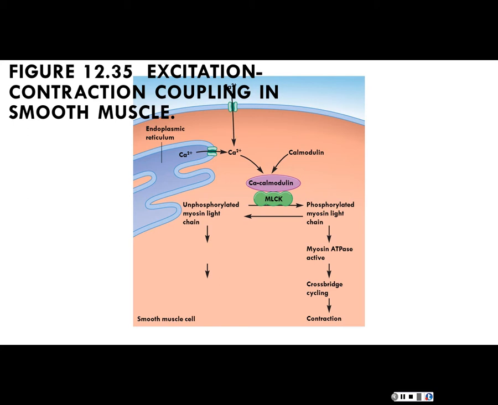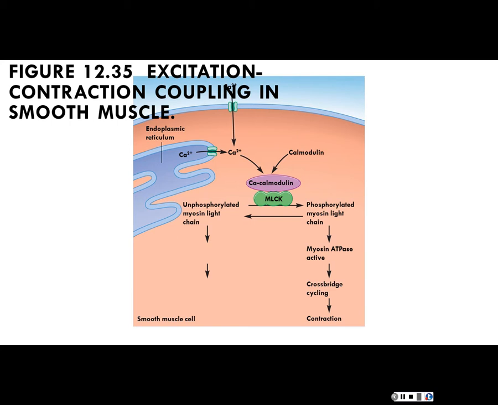There's more ATP and even more calcium. As soon as the calcium is gone, the muscle will relax. But as long as calcium is in the cytosol, the muscle will contract. So smooth muscle will maintain contractions a bit longer than skeletal muscle, maybe several seconds or longer.